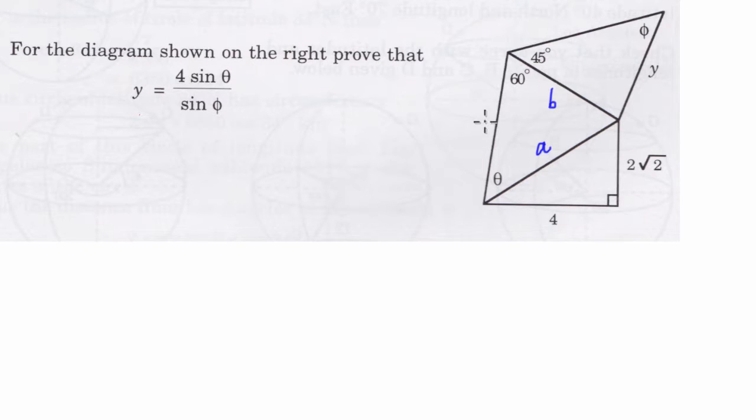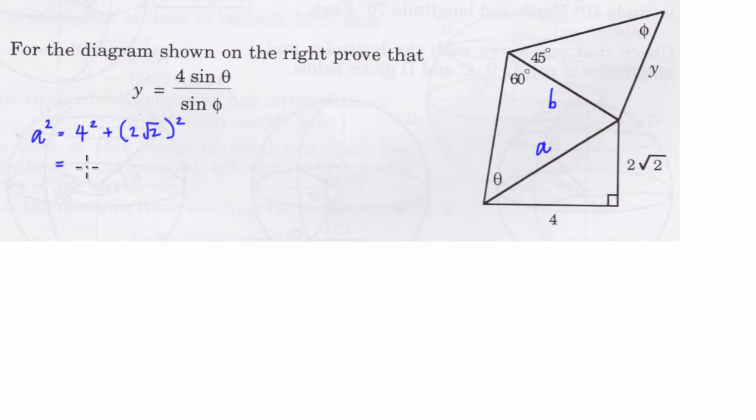Okay. So let's figure out how we're going to work out A. Now, we've got a right angle triangle here. We've got two values here and no angles, so naturally Pythagoras comes to mind. Hopefully you guys are aware of how Pythagoras works, so we have A squared is going to be equal to 4 squared plus 2 square root 2 squared.